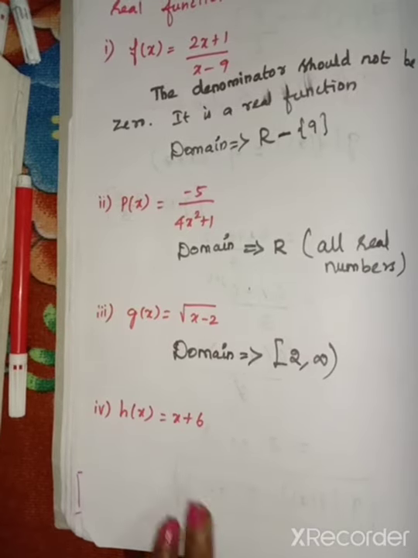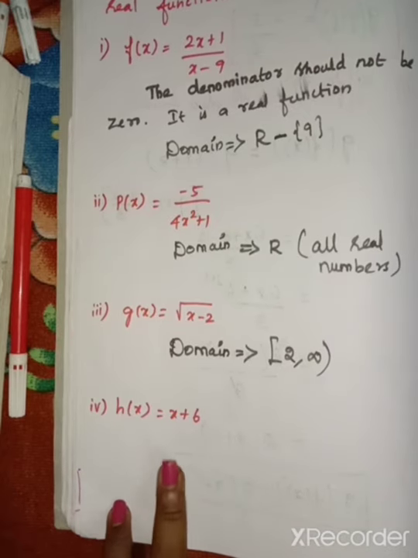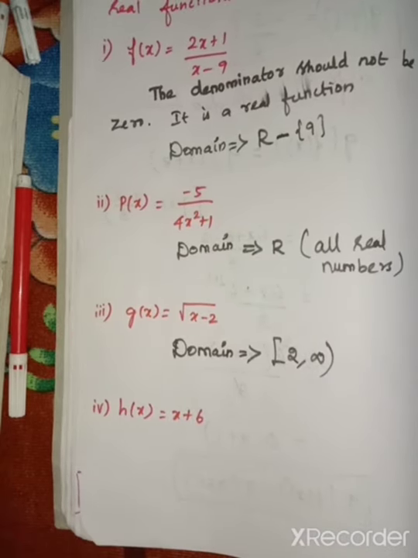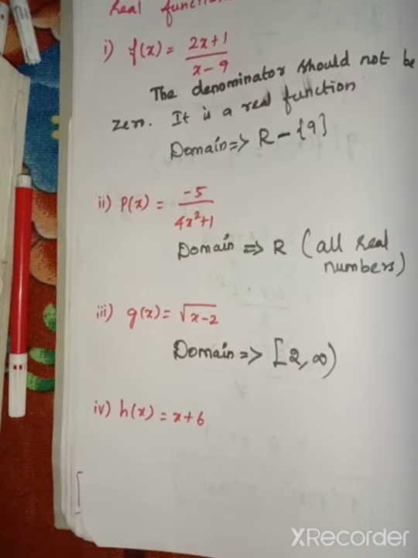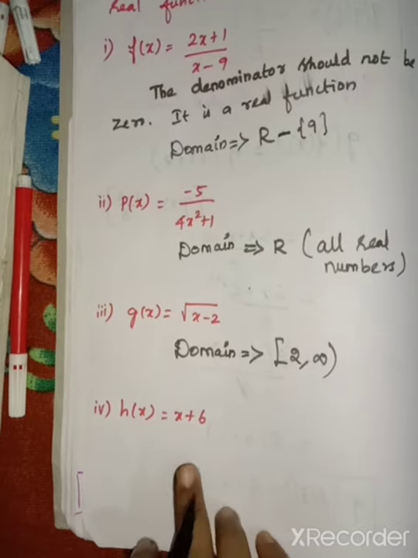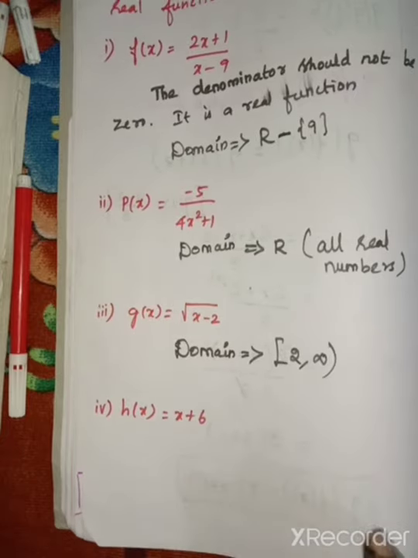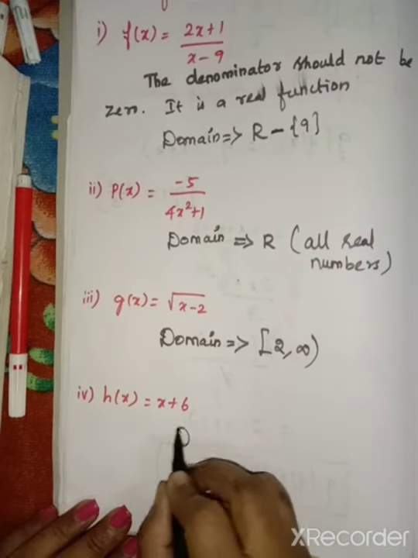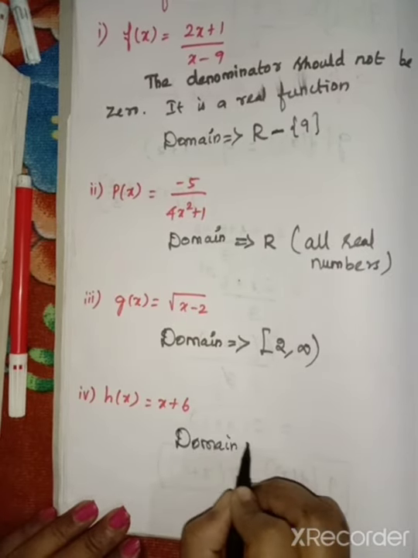So here we can use all the numbers because we don't have a denominator. I have told you that only for the denominator it should not be 0. The 0 value is not accepted there, because 0 is also a real number. We can take 0 also. Here we have the domain for all real numbers. So domain equal to R.